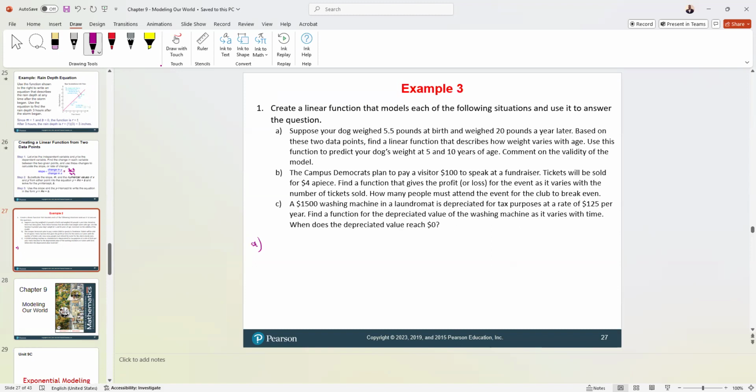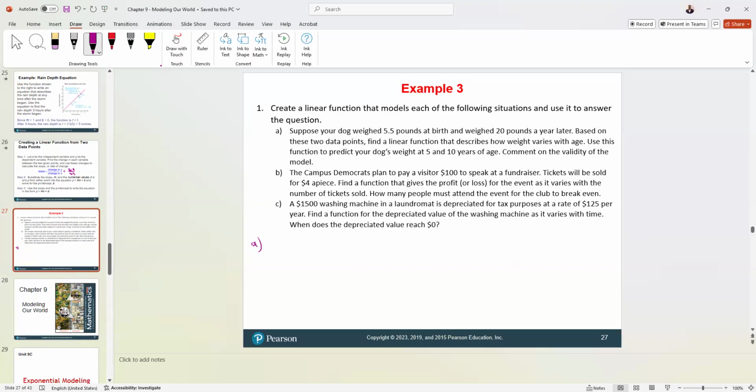Suppose your dog weighs 5.5 pounds at birth and weighs 20 pounds a year later, right? Based on these two data points, find a linear function that describes how weight varies with age. Remember, your dog was born at something.